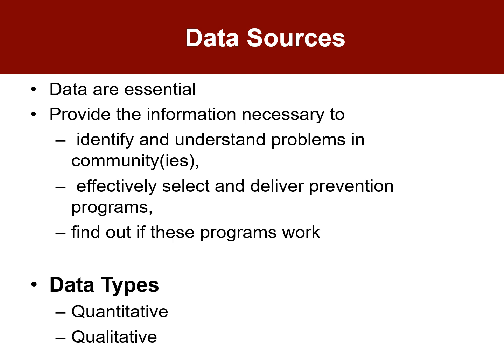But the reason why we say it's essential is that it provides the information necessary to identify and understand problems in communities. It can help us effectively select and deliver prevention programs, and also to find out if these programs work. So if you remember what the goals or the objectives of epidemiology are in public health, you would see that all of these align with the reasons why data are essential.